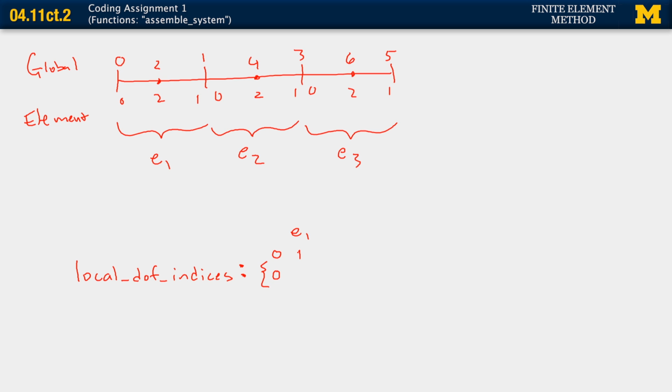Local node 1 corresponds to global node 1. Local node 2 corresponds to global node 2. Okay, so they all match up there.